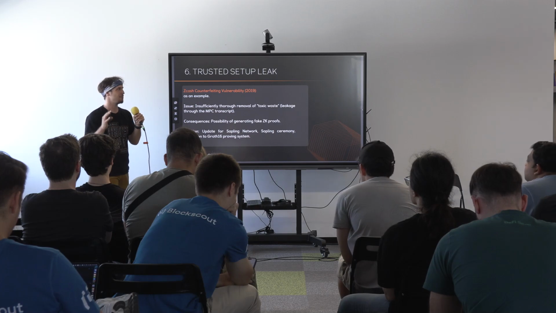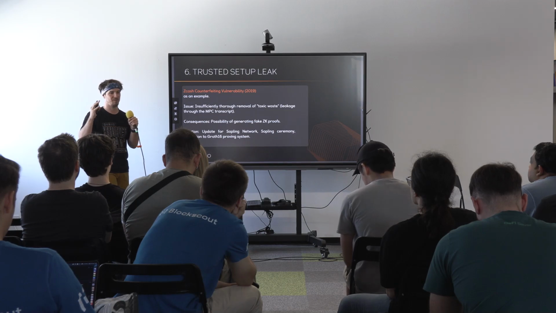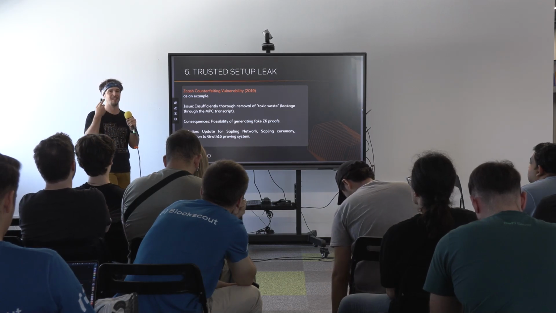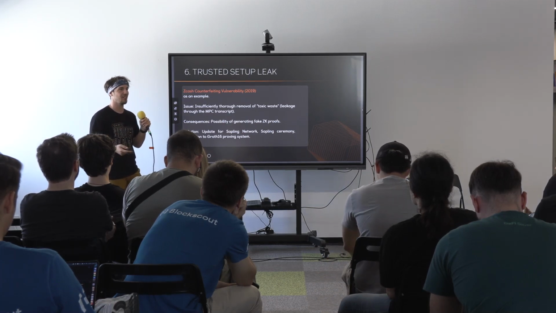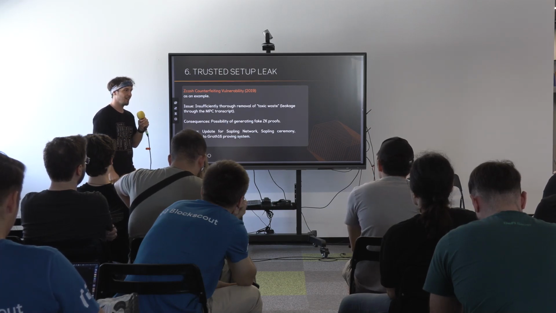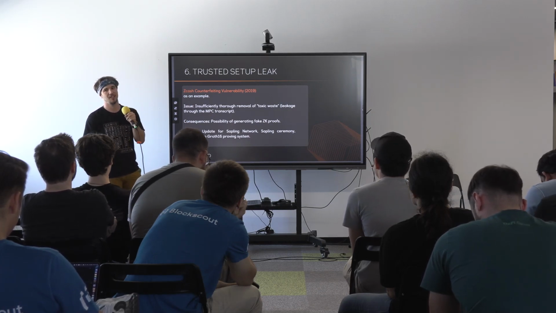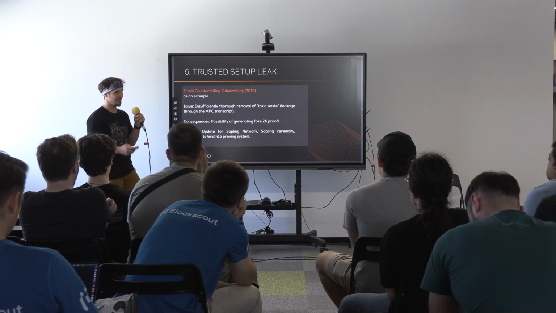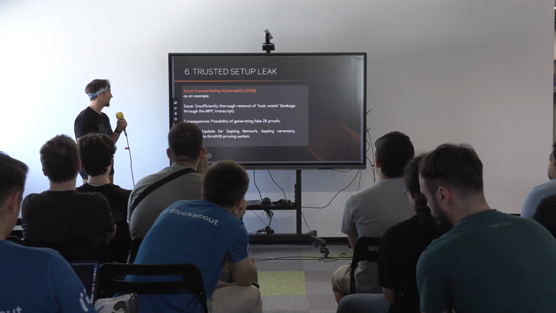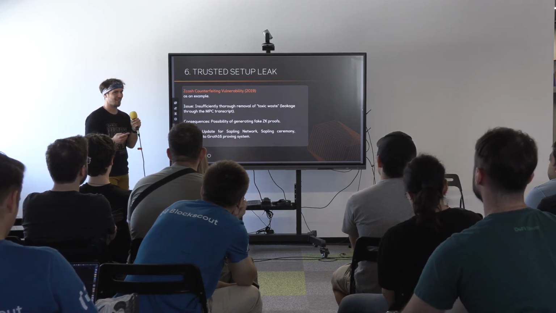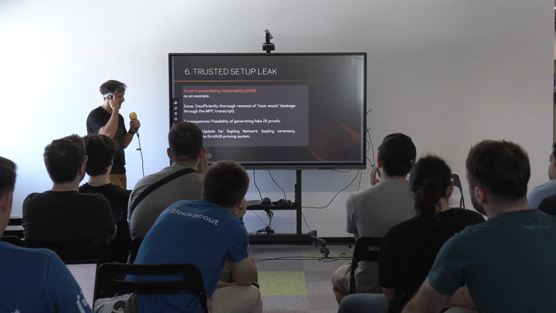In simple words, it means that a malicious actor who used this vulnerability could generate fake proofs in the Zcash implementation from 2019. Luckily, they fixed it quite fast, made a security disclosure, and explained what happened, and we hope that nobody was affected by this. But it happens, and it's very hard to check if you are not a cryptographer, but it's better to always keep this in mind.